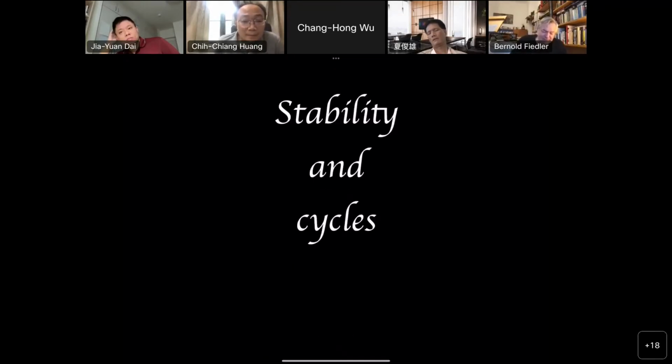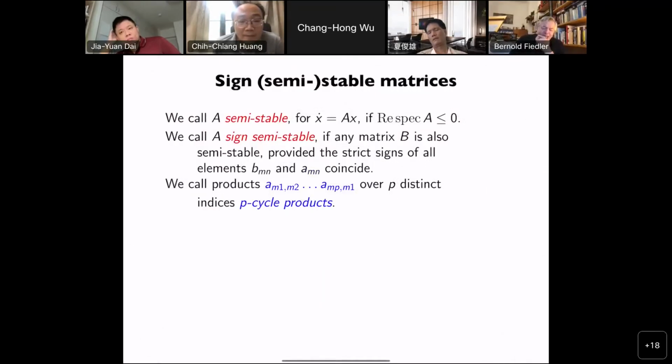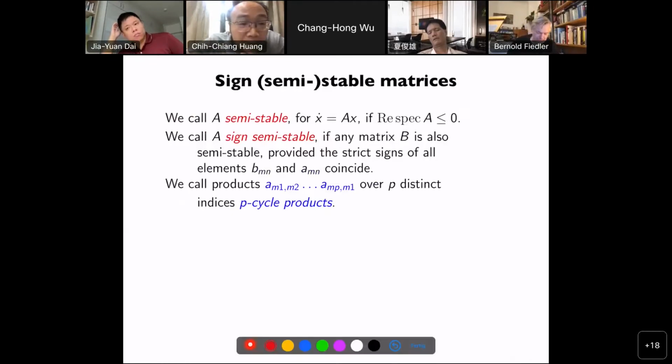So stability and cycles. Let me mention a linear algebra theorem, which I find very interesting. Call a matrix A semi-stable if the real part of the spectrum is less than or equal to 0. So we think of x dot is Ax. So this is linear.